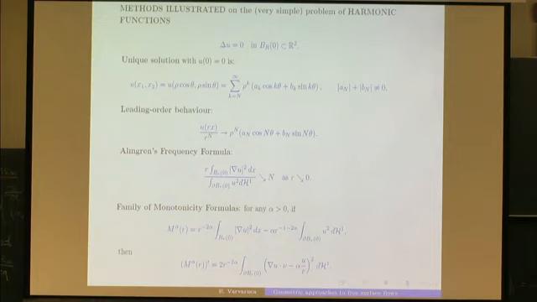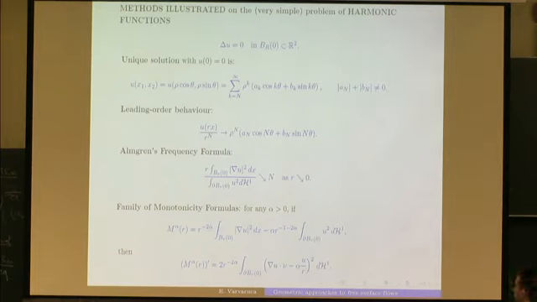Okay. So the tools in general that I'm going to use, to explain in the simplest possible setting, are the monotonicity formula and the frequency formula. How they work can be most easily seen in the case of harmonic functions in 2D, simplifying everything as much as possible.